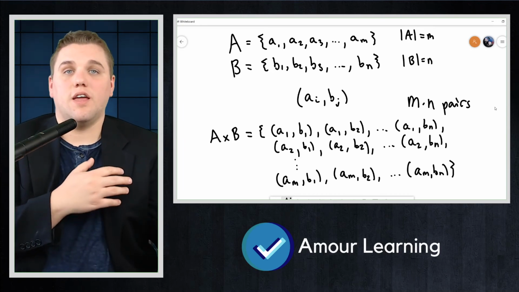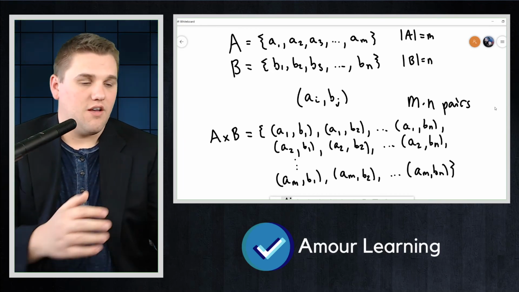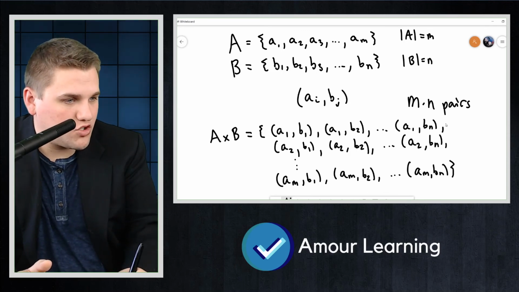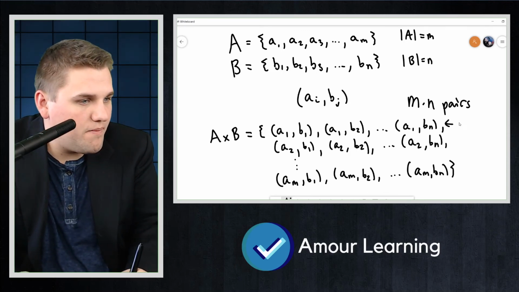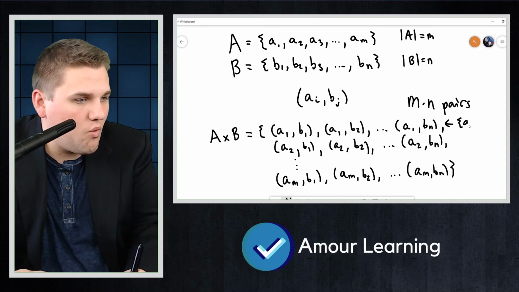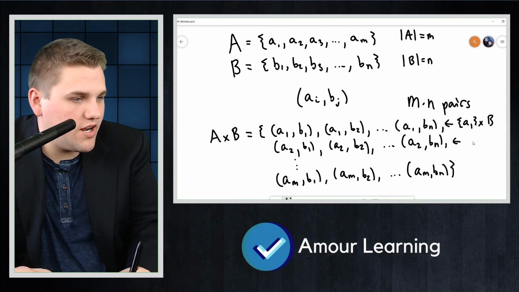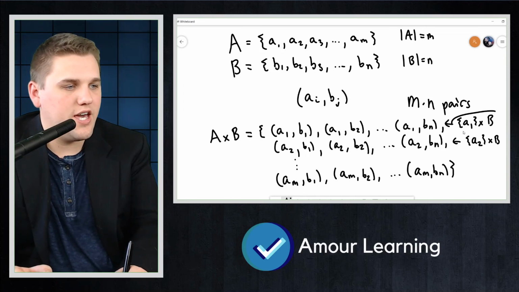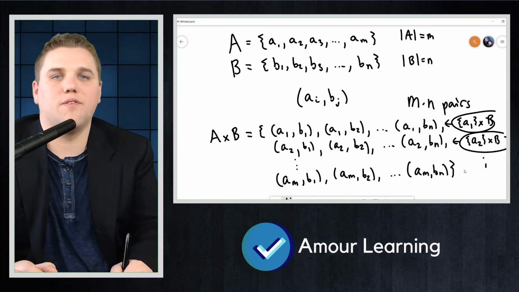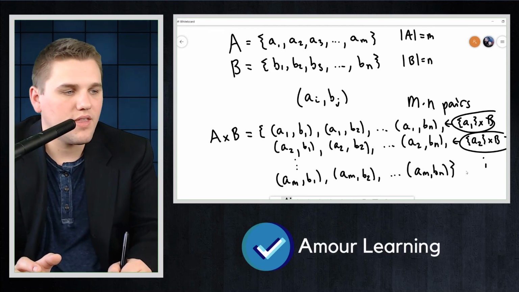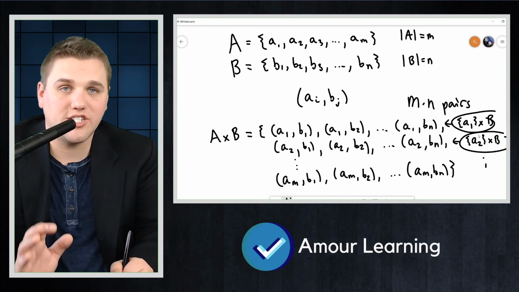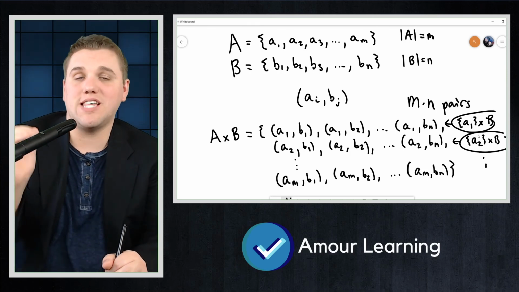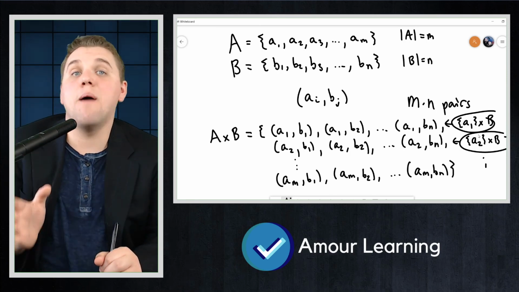Each row here is really just, we can write this first row as A1 cross B. This here is A2 cross B. And so A cross B is just this union all the way down to AM cross B. And then each of these individual sets is size N. So we're doing N plus N plus N plus N, M times.